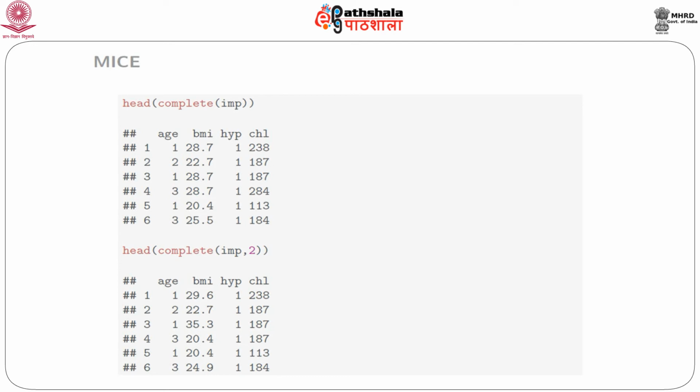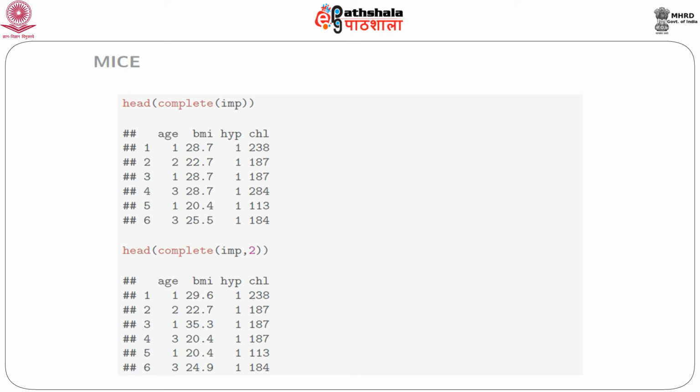This is the imputed data set for the first imputation. If one wants the second imputed data set, one can use complete(imp, 2), and again I have used the head command to give the first 6 observations, and we see that in both the imputations the imputed values are varying.